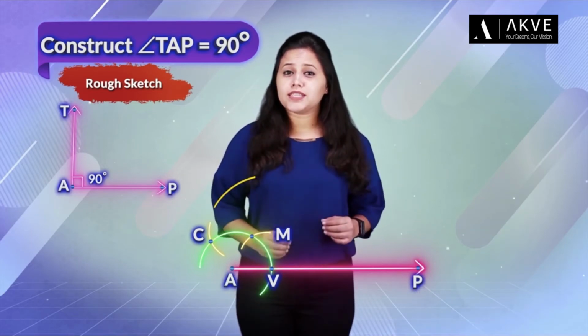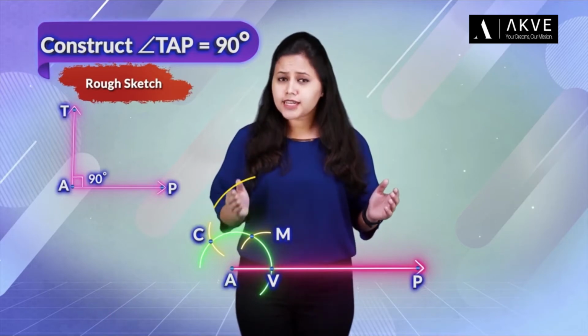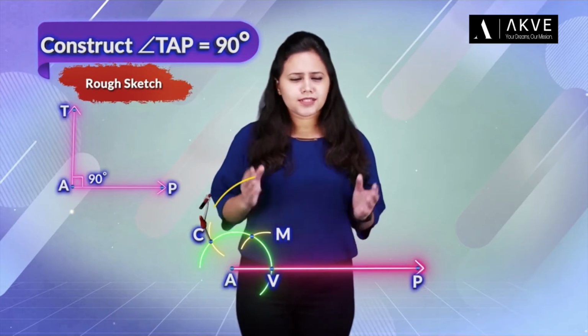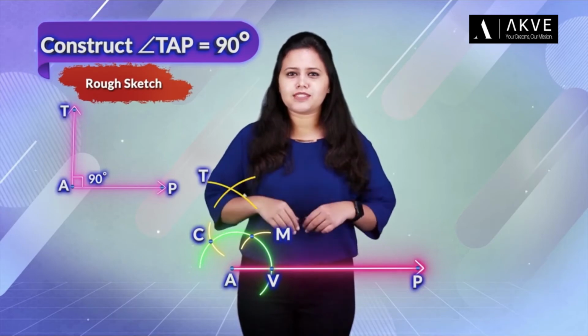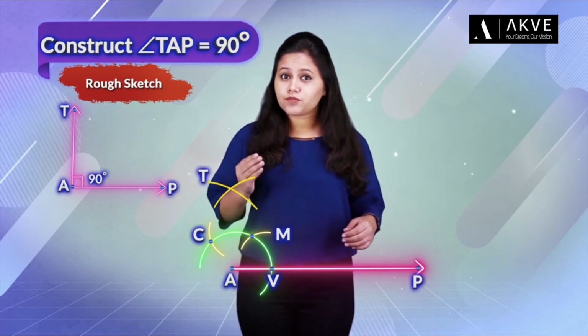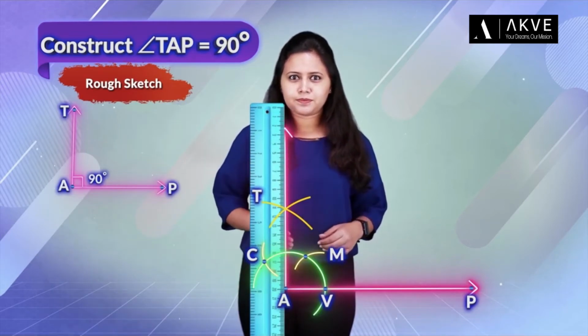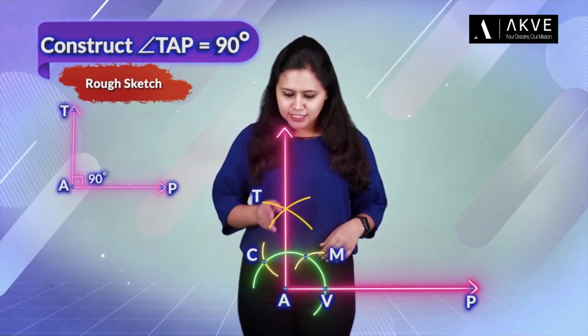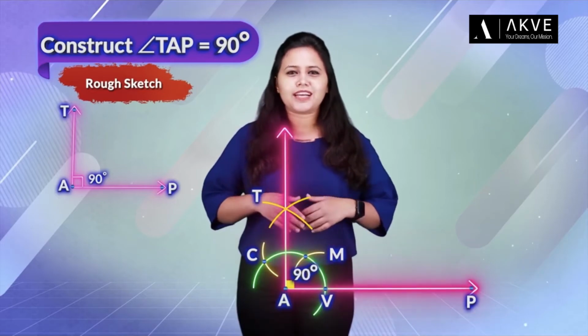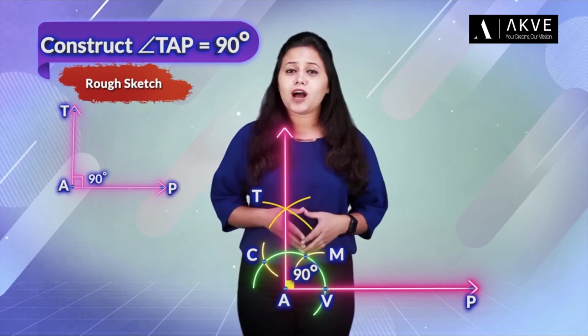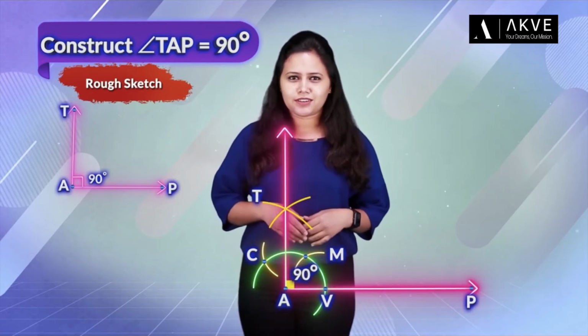Next, with the same radius and taking C as center, draw an arc such that it intersects the previous arc. Let this point of intersection be T. Now, draw the ray AT. Thus, we have angle TAP equal to 90 degrees. So, this is how we draw an angle of 90 degrees.